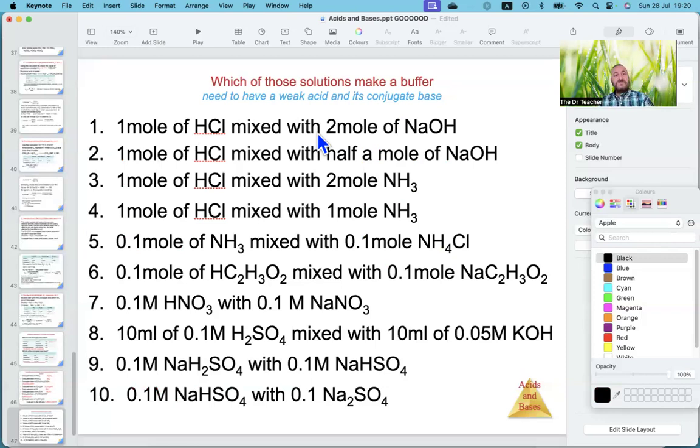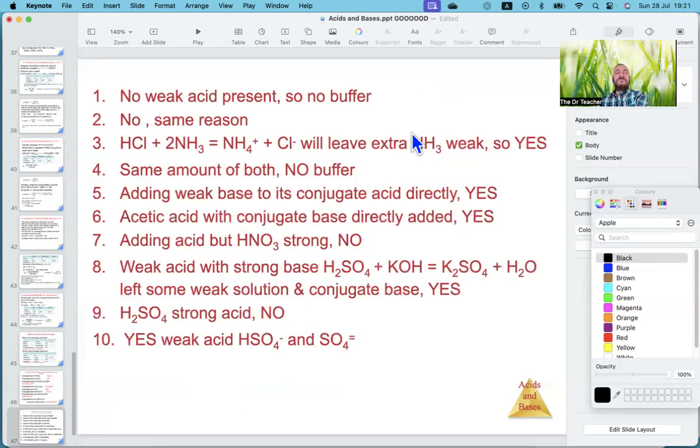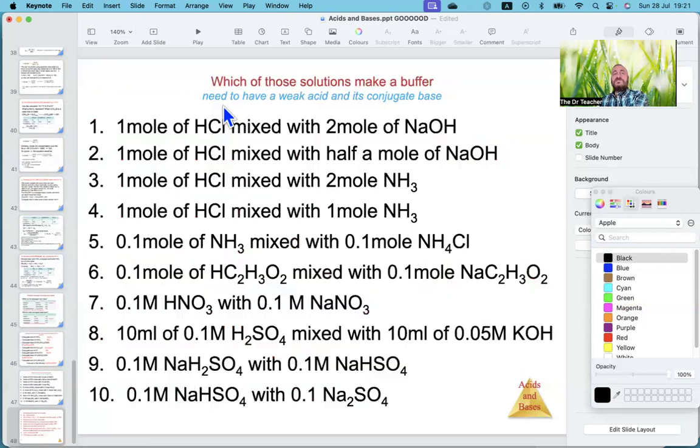So 1 mole of HCl, what's HCl? Mixed with 2 mole of NaOH. This is strong. So are they making a buffer? No, because there is no weakness here. Everything's strong.